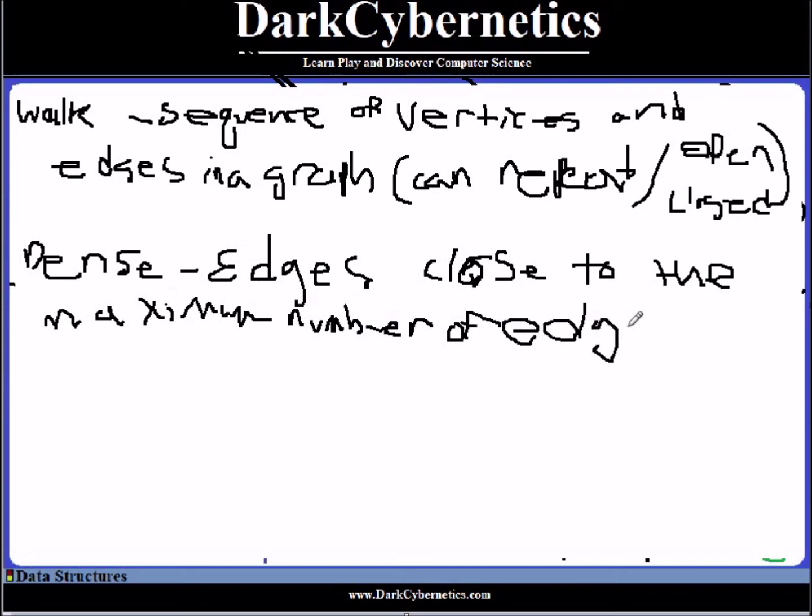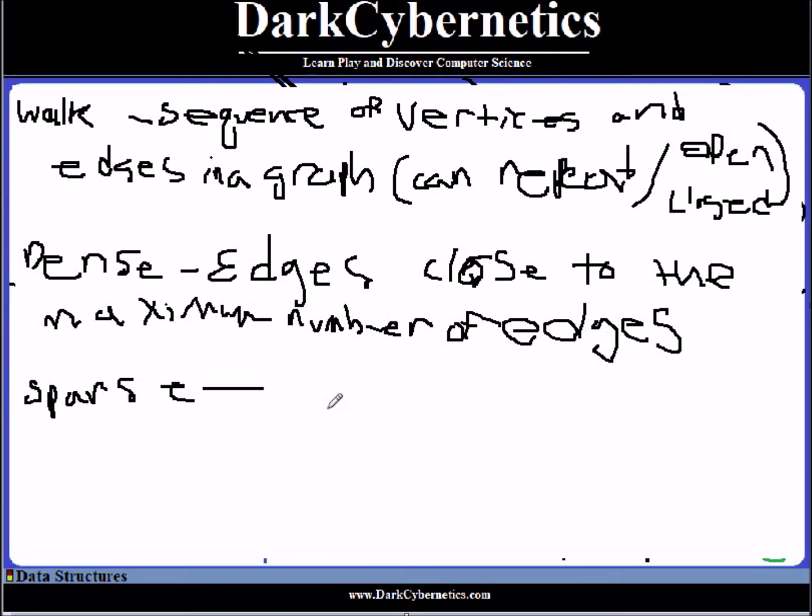So we can say that the graph is dense if the edges are closest to the maximum number of edges. Right? A walk is a sequence of vertices and edges in a graph, it can repeat, and it can be either open or closed.